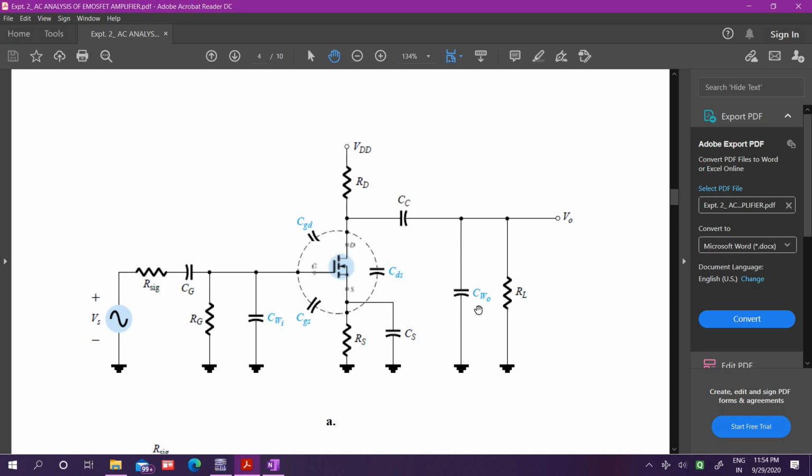So for that purpose I have connected an external small capacitance value of CW. If I increase the value of CW, or take some example, some normal value, say in nanofarad, how will it affect the output response, that we are going to check.